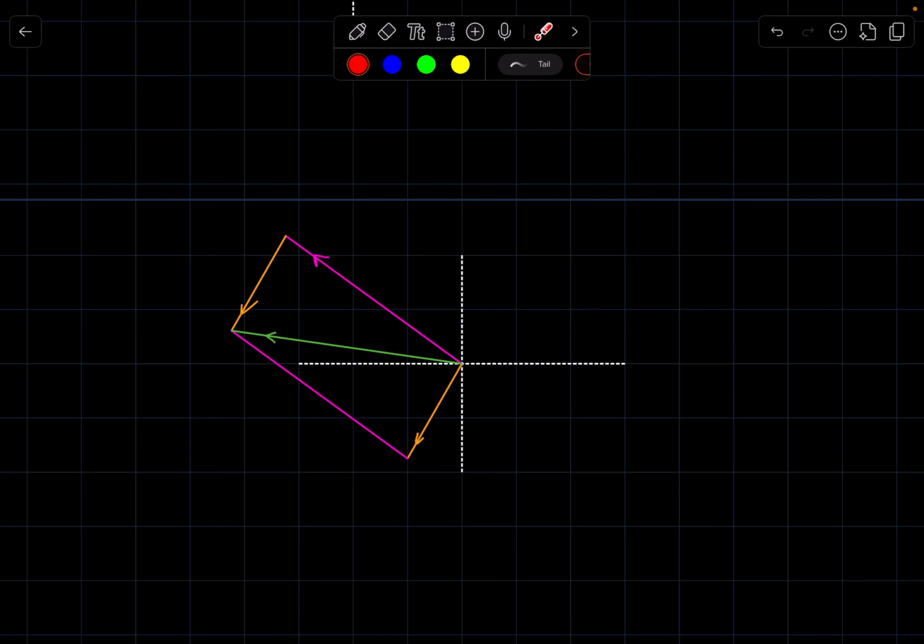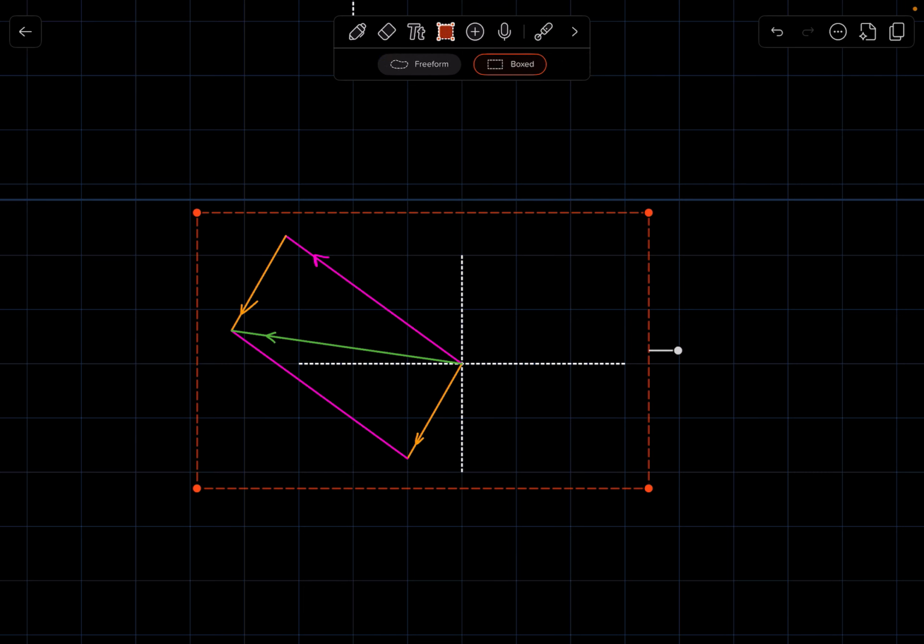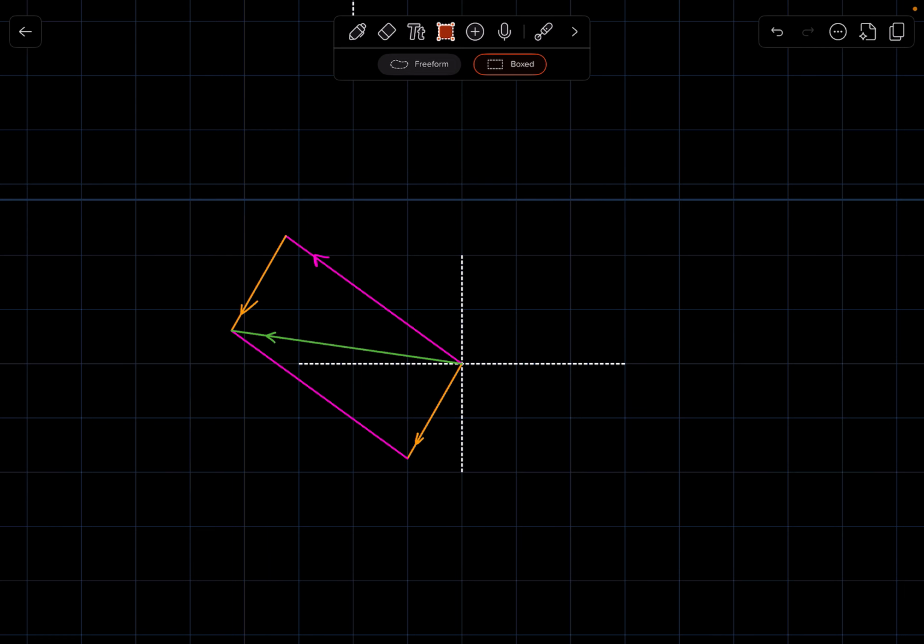That is what a parallelogram of forces or a parallelogram of vectors is essentially: a graphical method that we use to determine the resultant of two forces that are acting on an object or a body.